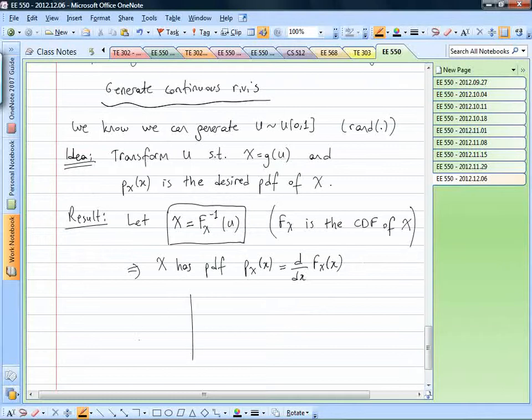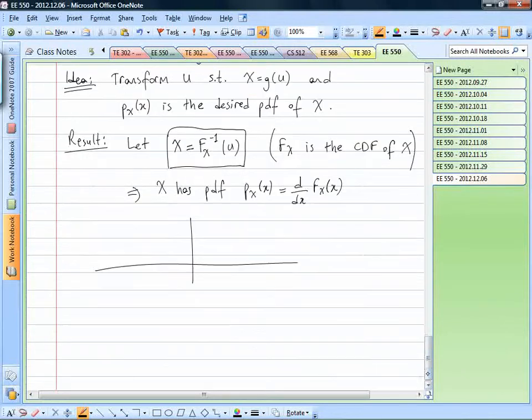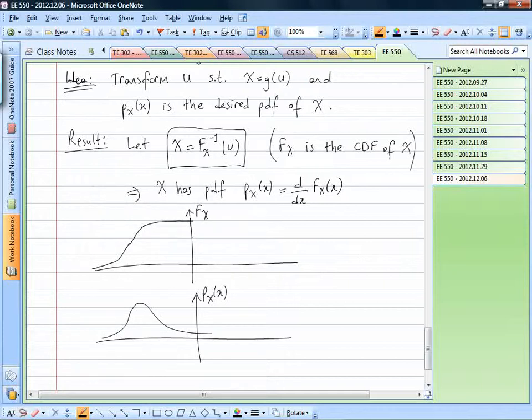For example, say you want to generate a PDF that has high values here. This is your desired PDF. Now what would be the corresponding CDF? The corresponding CDF will have a jump at the points where you have high probability, then it will be flat after that. So this is your corresponding f sub x, and it goes up to 1, between 0 and 1.